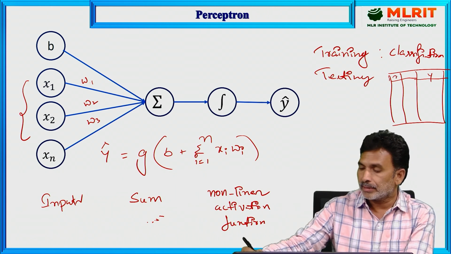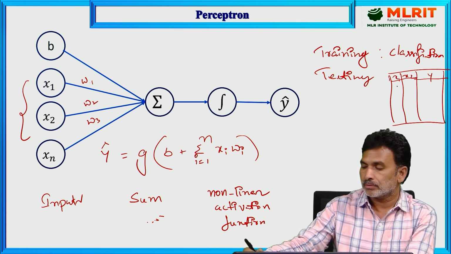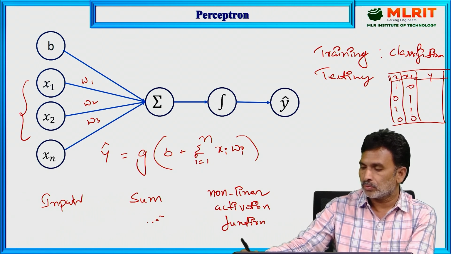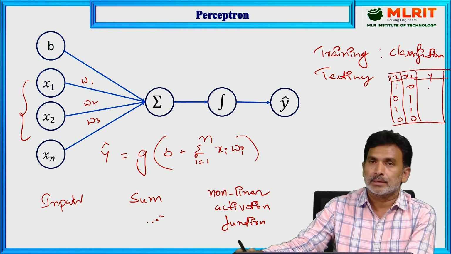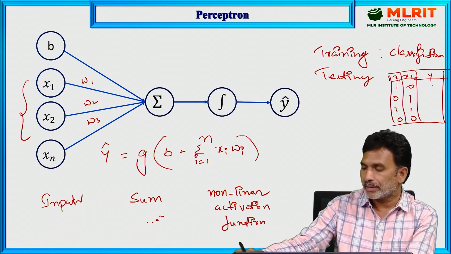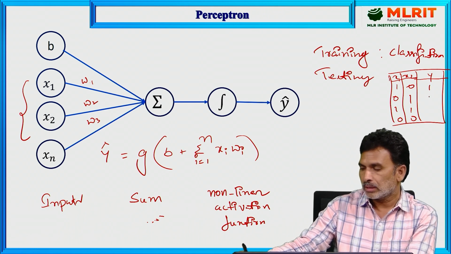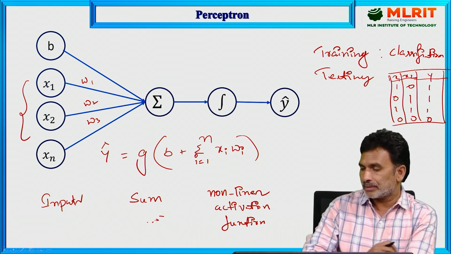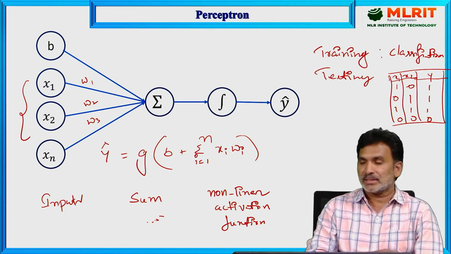Let us take binary values: 1 1, 1 0, 0 0 and so on. Suppose we consider this as an OR gate. If both the inputs are 0, then the output is 0, and in all remaining conditions the output is 1.